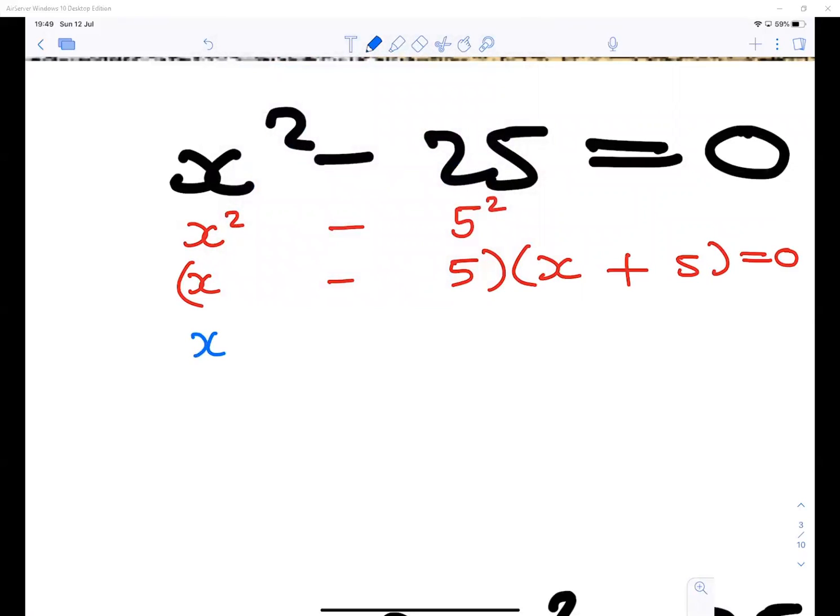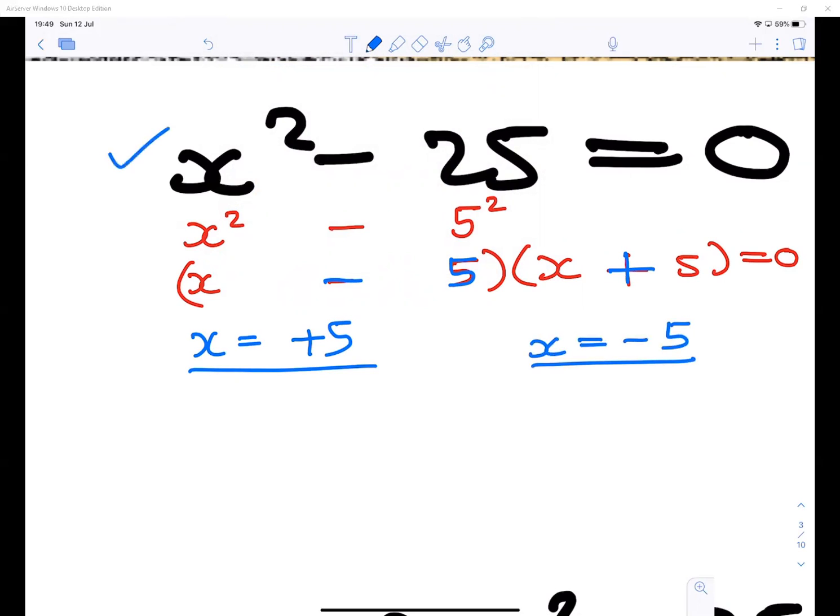We solve it. The opposite of minus 5 is add 5. And then the opposite of add 5 is minus 5. Done. The question now, with the square number that was disguised being shown, putting it into its factorized format and solving it. Lovely.